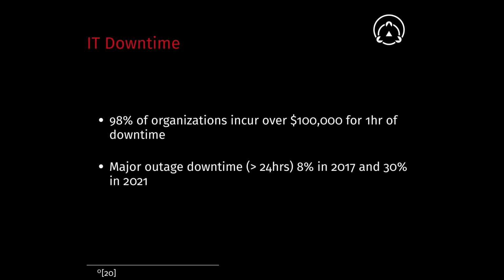A lot of this is due to the complexities of cloud adoption, hybrid cloud, the distributed architectures we're choosing to utilize, SaaS platforms. A lot of these things are making it harder to understand different failure domains and identify points of failure and build resiliency around them.